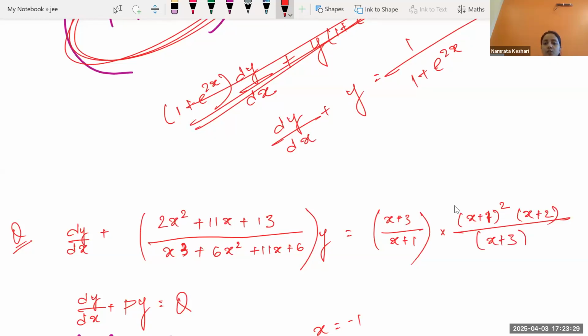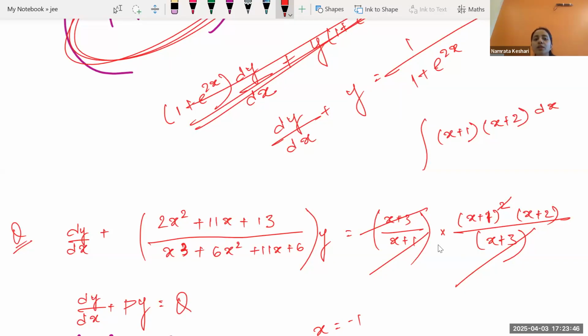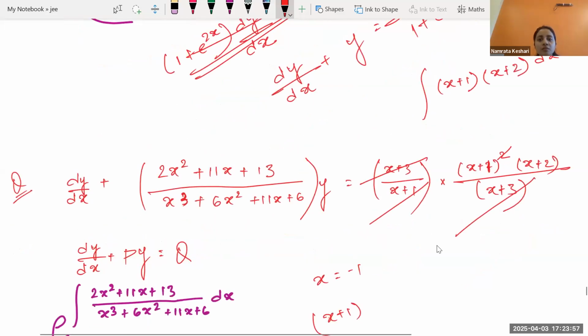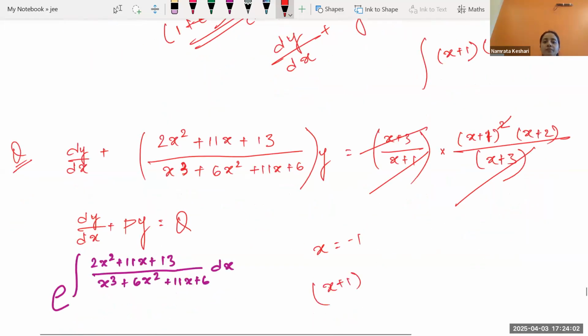We can clearly see x + 3 gone, and we are left with (x + 1)(x + 2). Doing the integration is not a big deal. We can open the bracket and integrate part by part: the integration of x², then 3x, then 2. You'll be able to do it. Got it? Yes, ma'am. Okay, let's leave it.